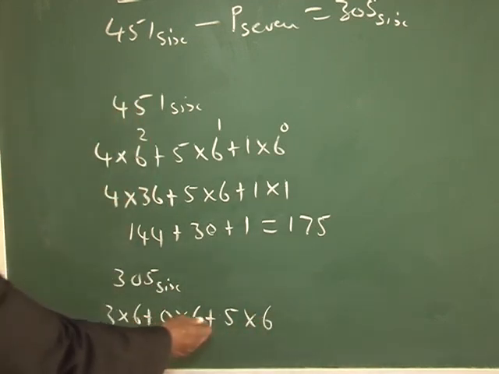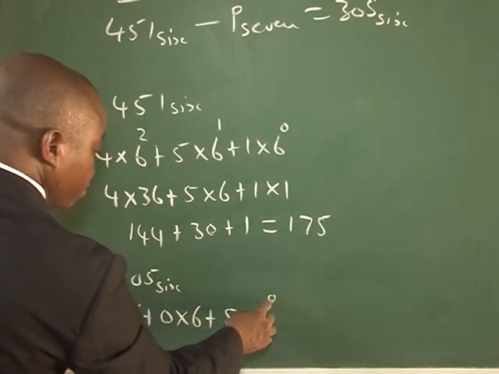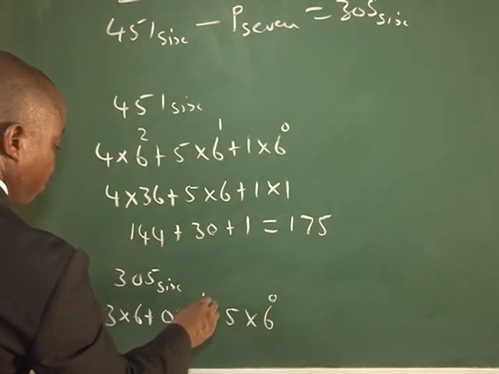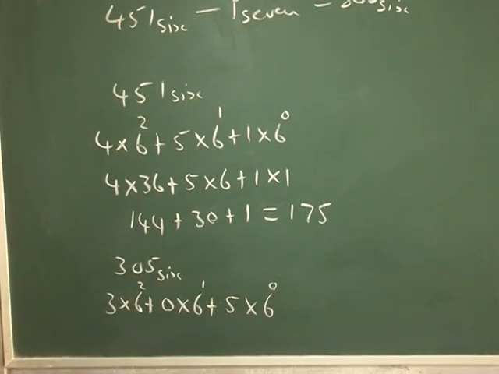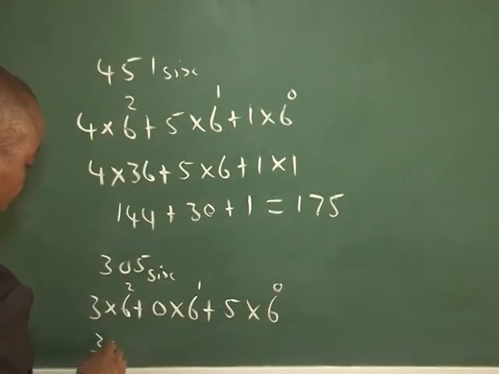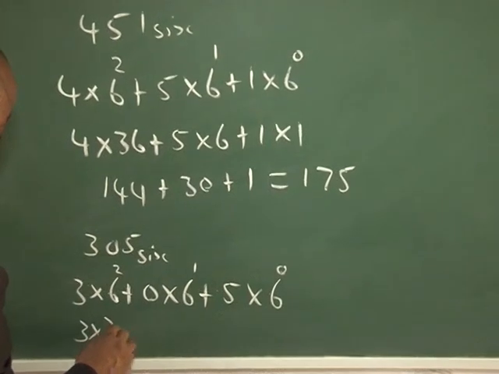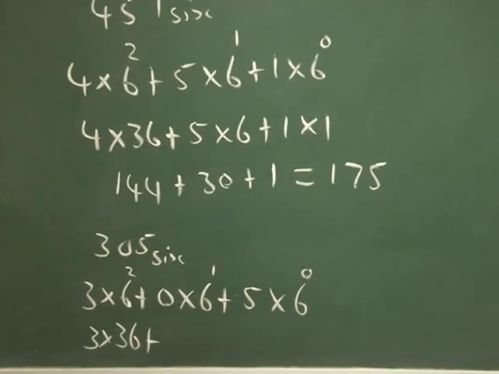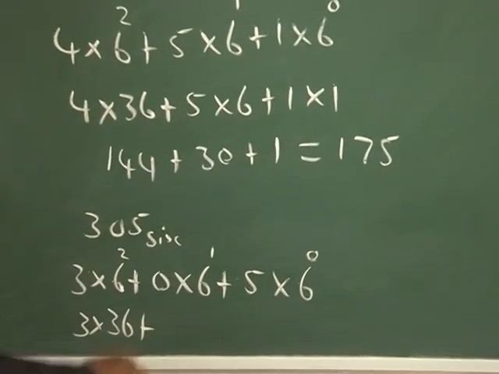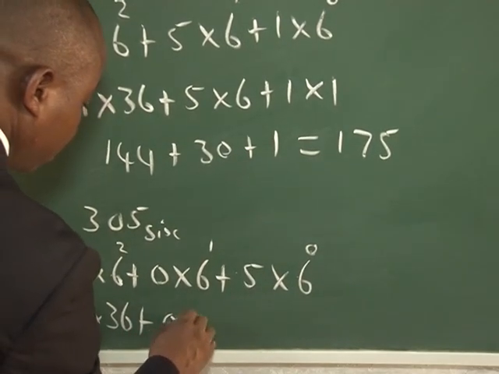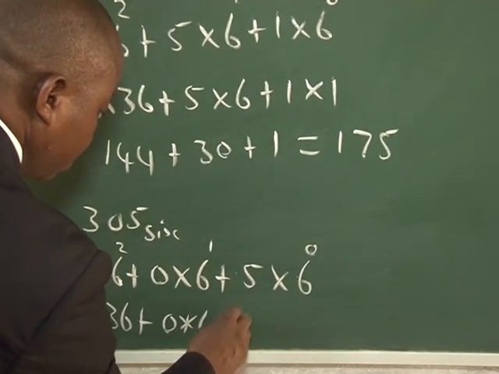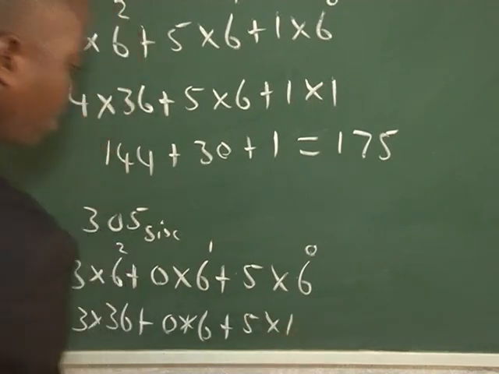Now, raising this to power of 0, power of 1, power of 2, we then have 3 times 36 plus 0 times 6 plus 5 times 1.